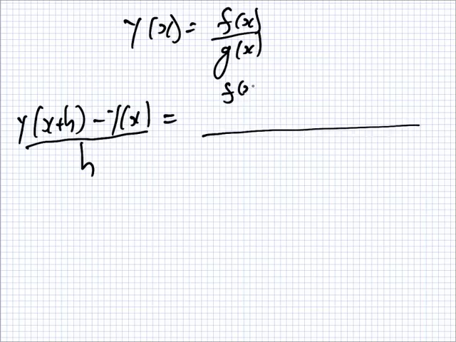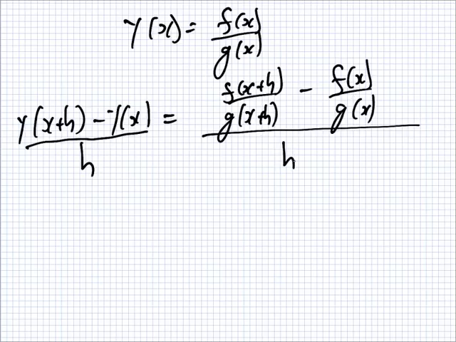That's f(x plus h) over g(x plus h) minus f(x) over g(x), all over h. Okay, so just write that bit down. Yes, it's not in the exam, but I still want you to write it down to improve your mind. That's right. Some people might say I'm crazy. I don't think so. I think it's good for you.